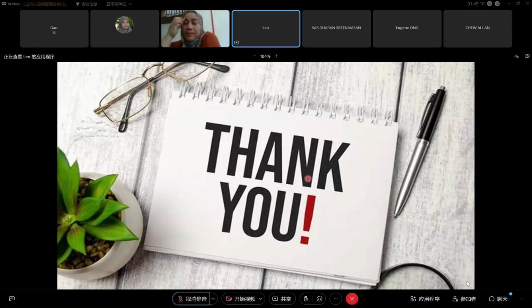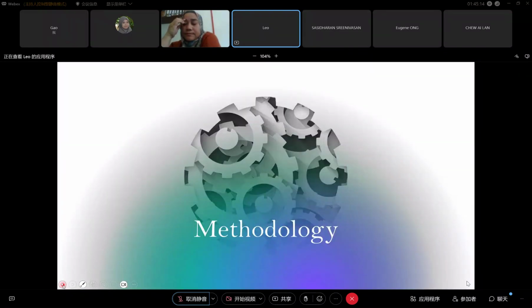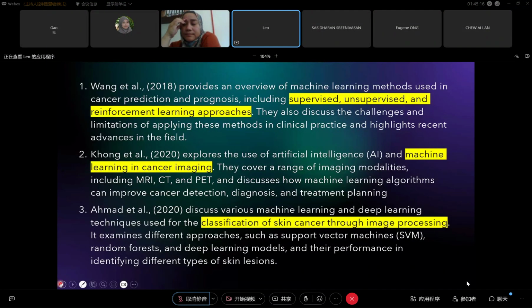Current studies are also using machine learning to aid visual inspection. But how accurate is that?